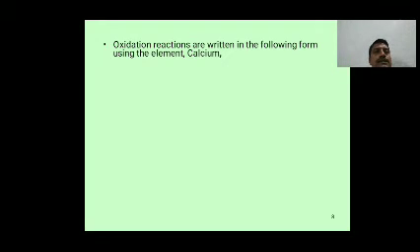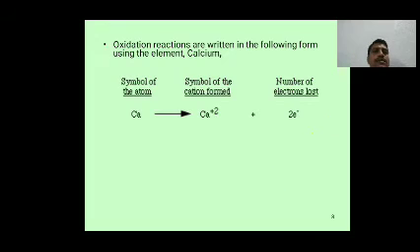Oxidation reactions are written in the following form, using calcium as an example. Symbol of calcium, Ca. By loss of electrons from the valence shell it forms a cation, symbol Ca+2, with 2 electrons lost. This reaction is called the oxidation process.